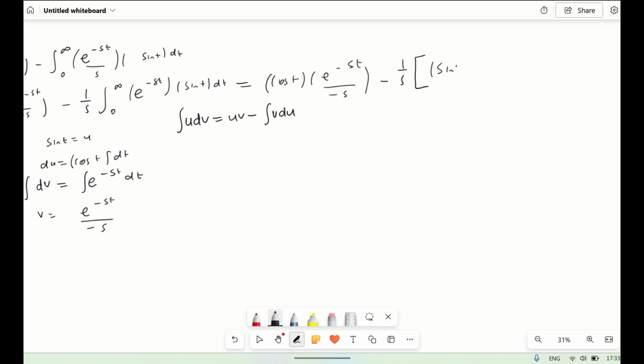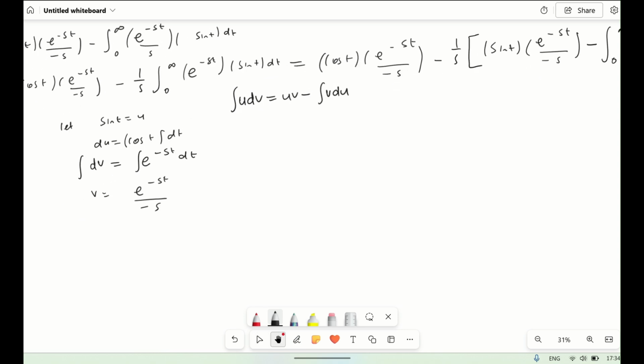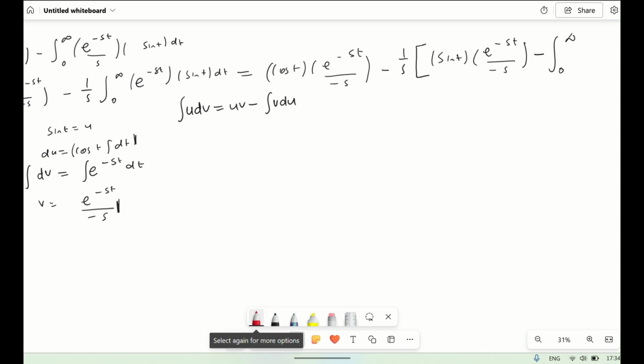My u is sine t, times e to the negative st all over negative s, minus from 0 to infinity of, now I'm substituting these ones, v and du.